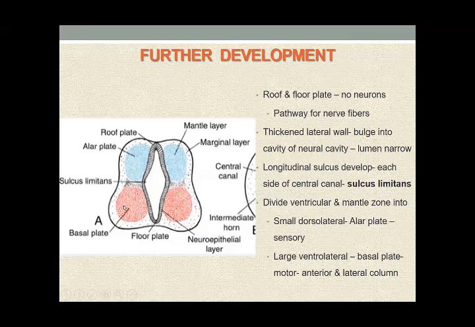So the bundles of neurons that are divided by the sulcus limitans, you have a larger ventral and lateral bundle, इसलिए क्योंकि it is lying lateral to the central canal.